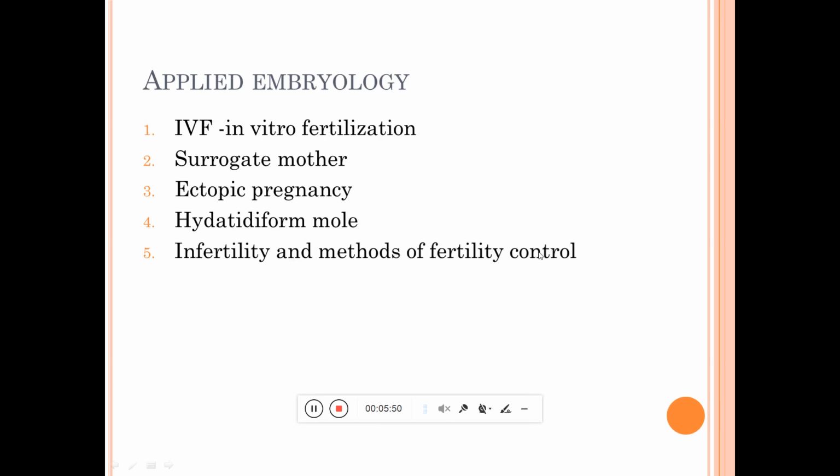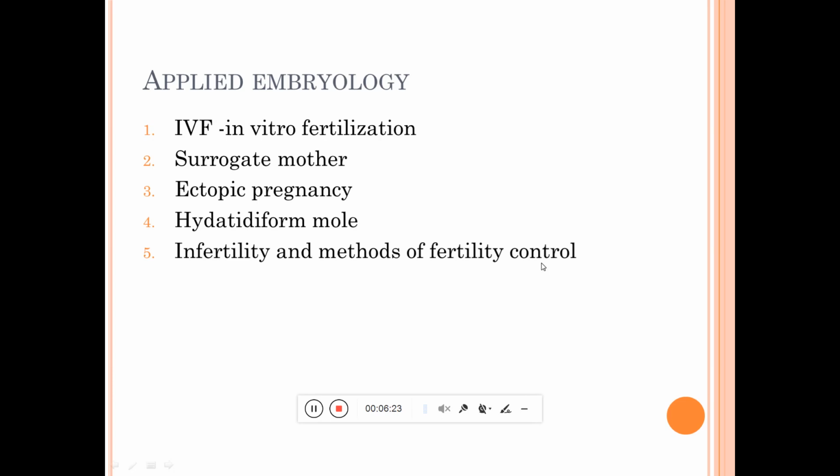Infertility and methods of fertility control. These are things you must know as medical persons. What is infertility? Infertility is the incapability of a mother or father to conceive a child, or not being capable of fertilizing the ovum with sperms, or any such condition.